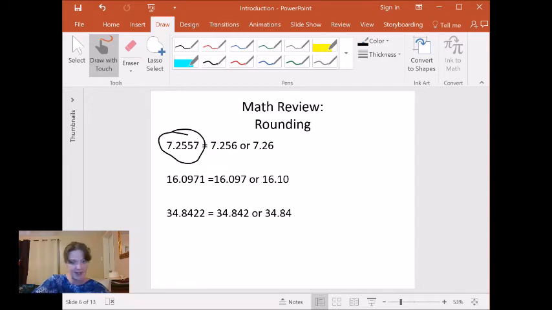In this case, it's 7. And because 7 is 5 or above, I'm going to round the previous digit up to 6. Anything that's 5 or above, you round up. Anything below 5, you round down. So rounding 7.2557 to 3 places becomes 7.256.